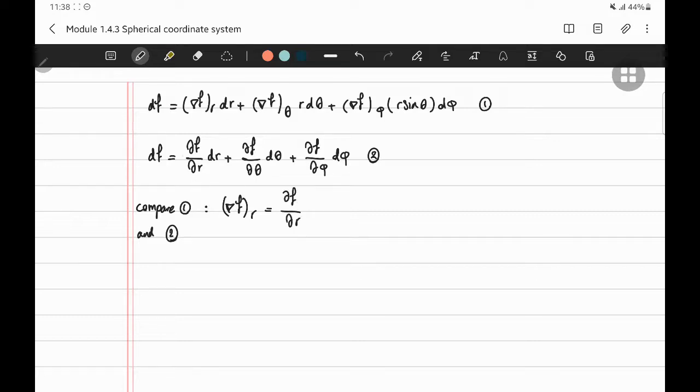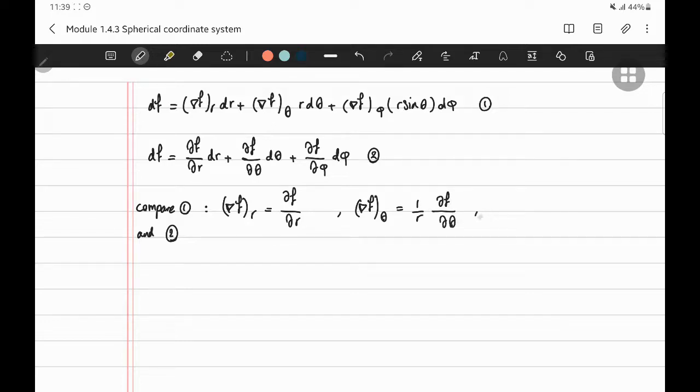So you basically compare this with this, this with this, and this one with this one. And then we have del f theta is 1 divided by r, since you have an r here, times the partial derivative of f with respect to theta.